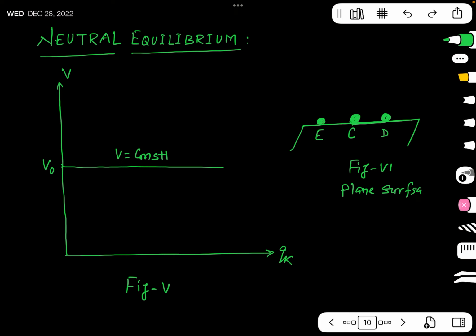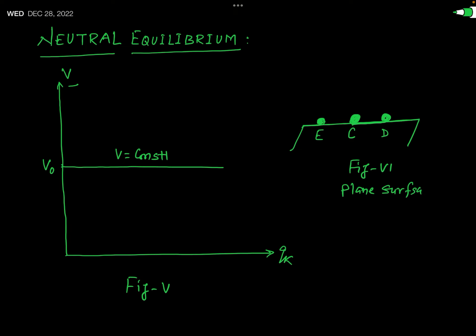Now see this figure 5 where I have plotted the potential energy function V against Qk, that is the generalized coordinate. In fact, if the system is in neutral equilibrium, its potential energy function is completely independent of position.